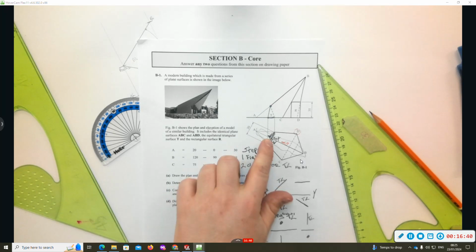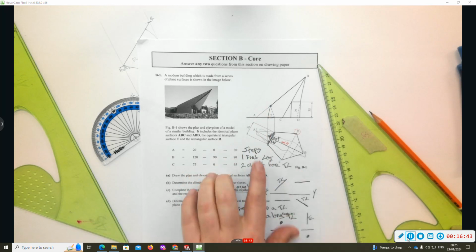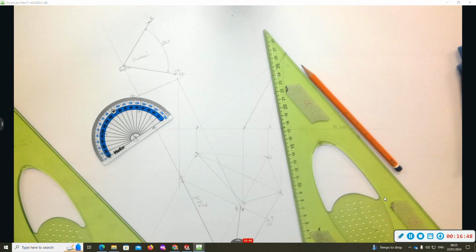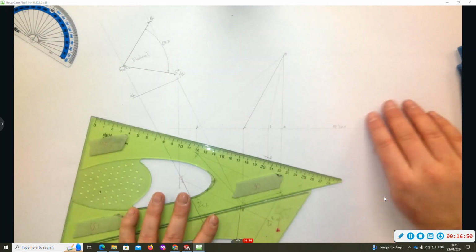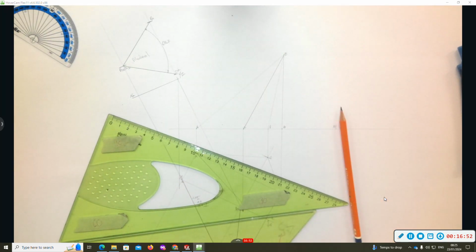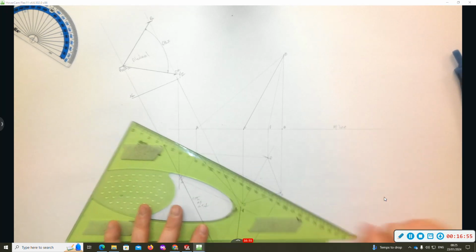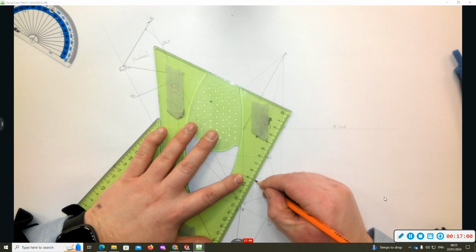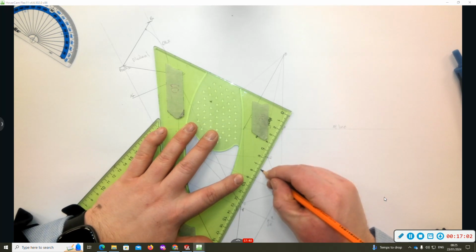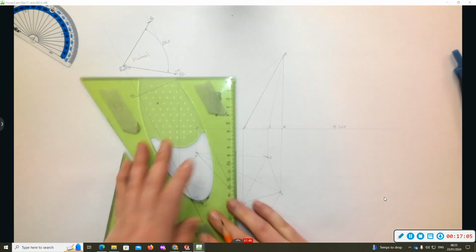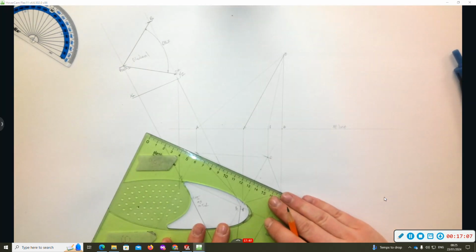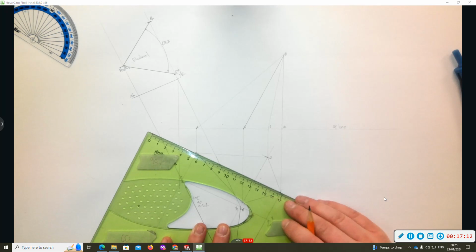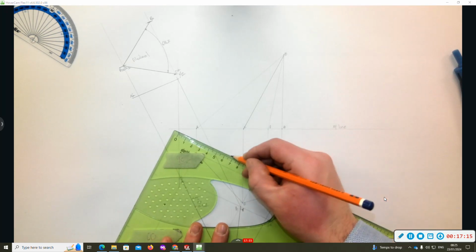Now, there's our plan view of our triangle, and then we can get our elevation. So, as I said, we're going to construct this lying flat on the horizontal plane. So, we're going to mark 15 and 15 here either side. Now, I'll bring this back.